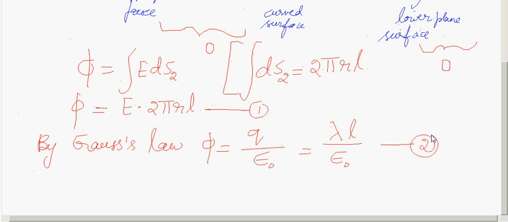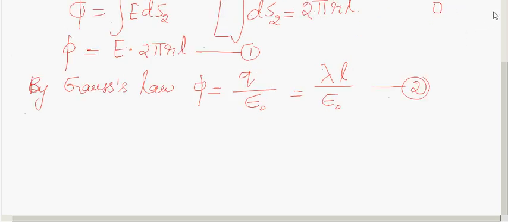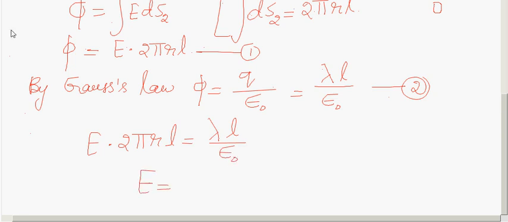Equate 1 and 2, you will get the electric field. Flux is E into 2 pi RL, and also by Gauss law flux is Q by epsilon naught. Substitute the value of Q, that is the total charge, lambda is the density. So E into 2 pi RL is equal to lambda L by epsilon naught, or E is, now cancel here the terms, L gets cancelled.